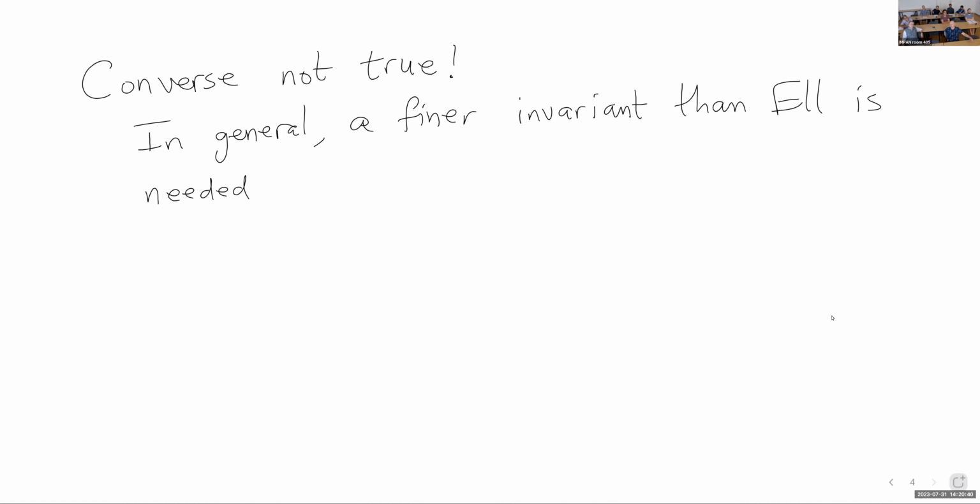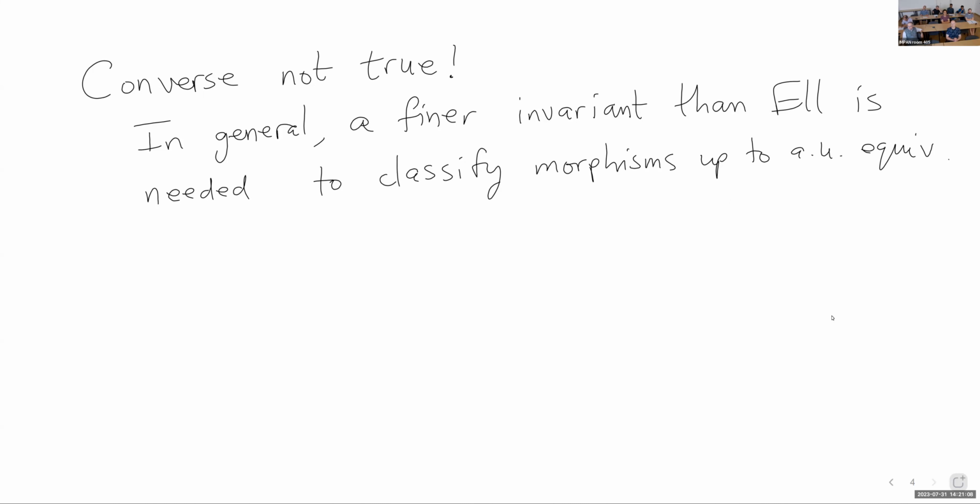It's still not enough to classify morphisms up to AU equivalence. So you need to add some stuff, which I will describe. Okay, so that's what I mean by classification.